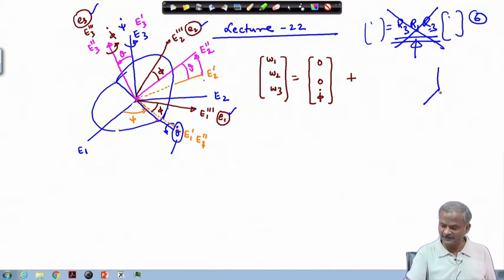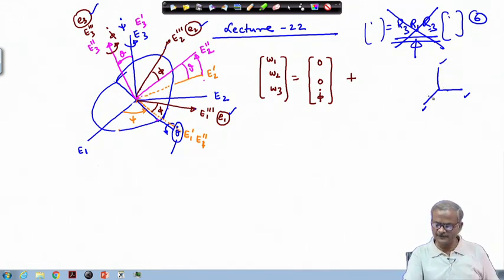Means, if the components or the vector you are trying to rotate are perpendicular to each other, making a triad, then only you can use this rotation and convert to the other one.